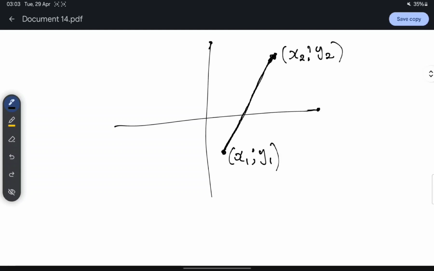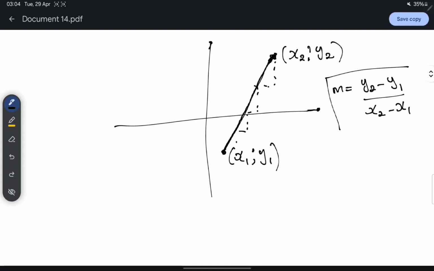I'll be looking at the change in y and the change in x. So I will have m is equal to y2 minus y1 over x2 minus x1. We call this the gradient formula.